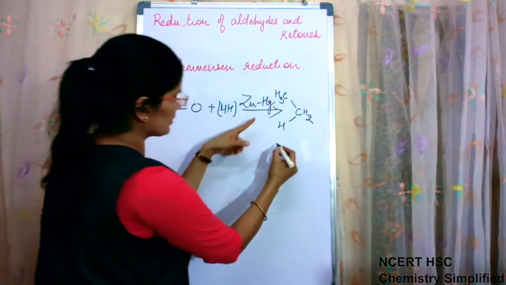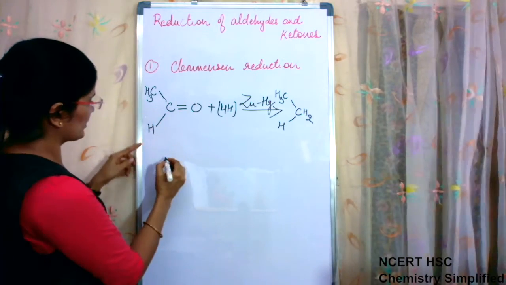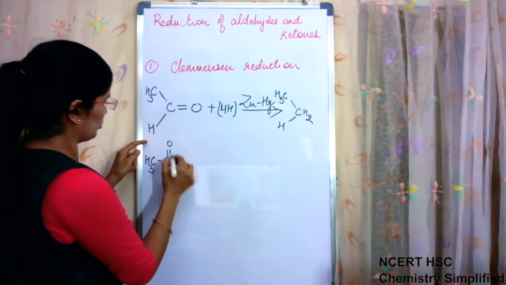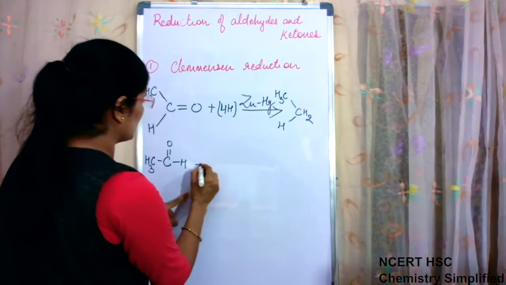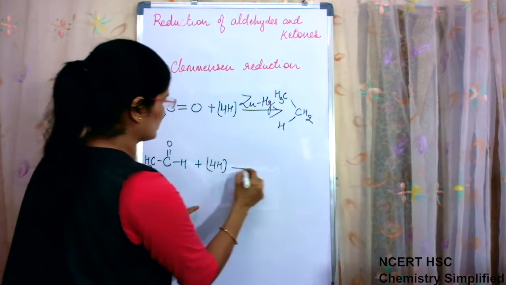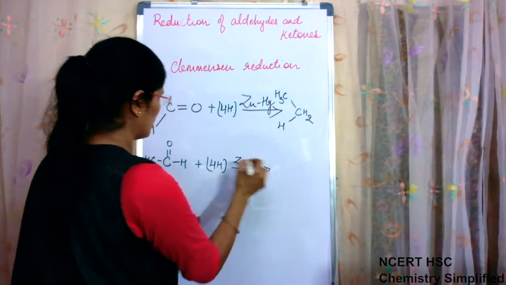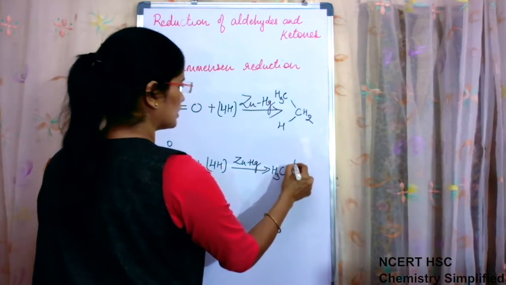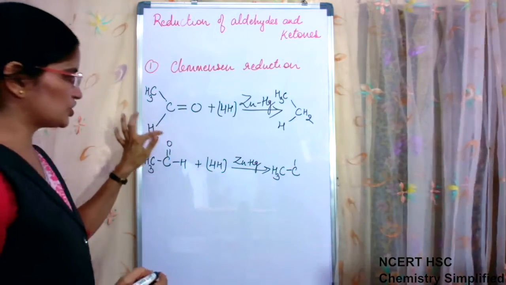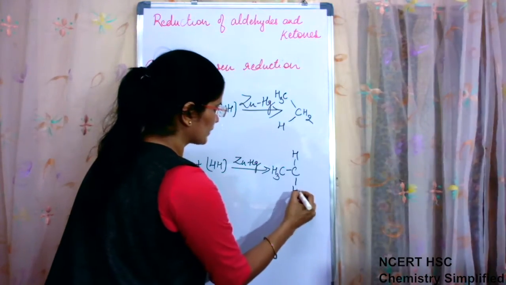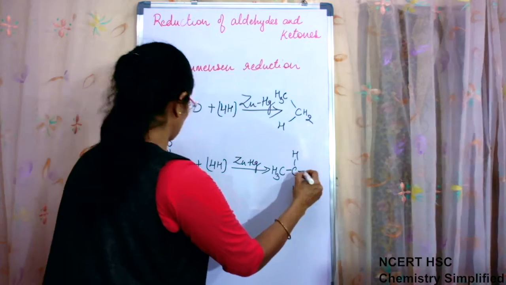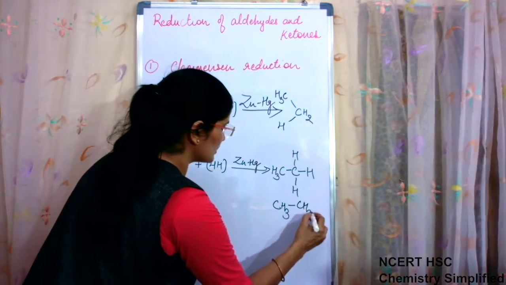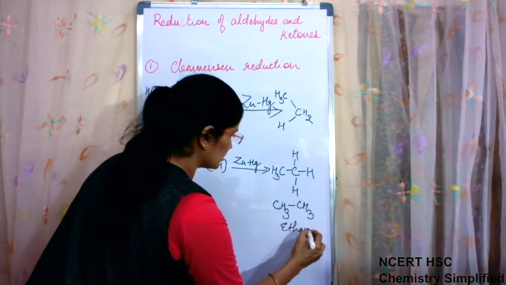Simply, if we write it in a straight chain form, that is CH3C double bond O H, then it is reduced by zinc amalgam. It will form CH3, and this C is getting reduced, so losing oxygen, and hydrogens are getting added for these two bonds, and H was already here, so it has become CH3 single bond CH3, that is ethane.